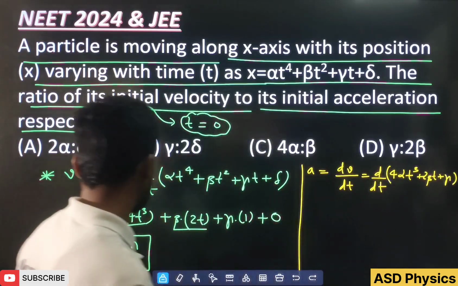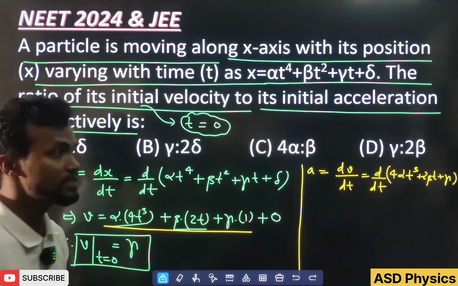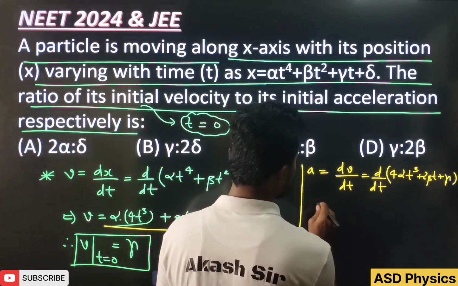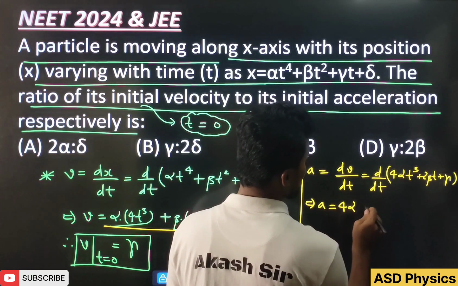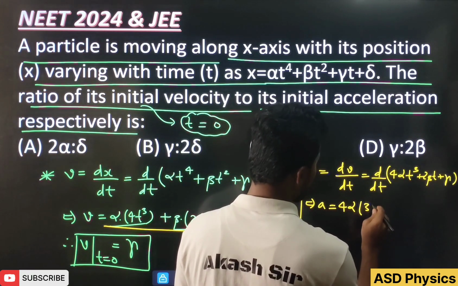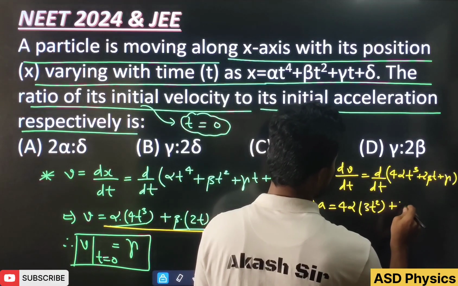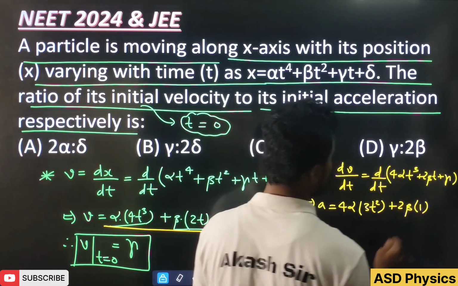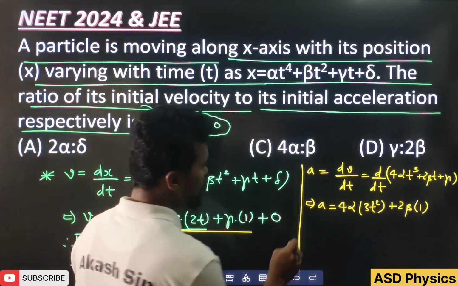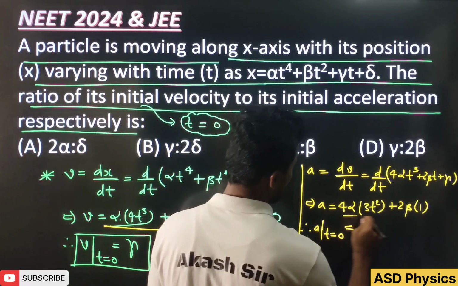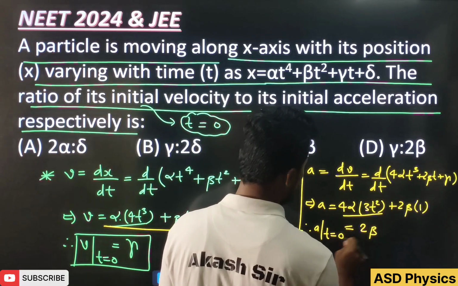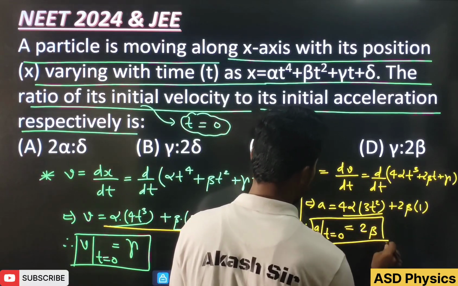Now this expression is given here. See, 4 alpha times differentiation of t cube means 3t square, plus 2 beta times differentiation of t, which is 1. Now students, if I write the initial acceleration at t equal to 0, this term will become 0 and 2 beta will be left.